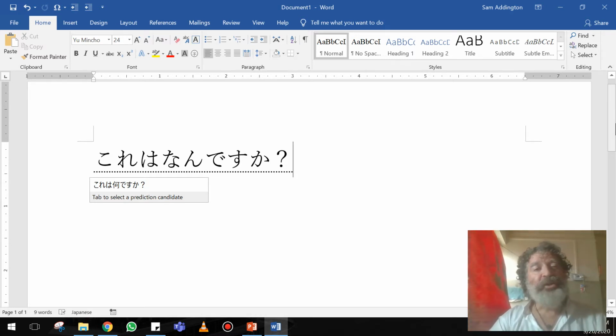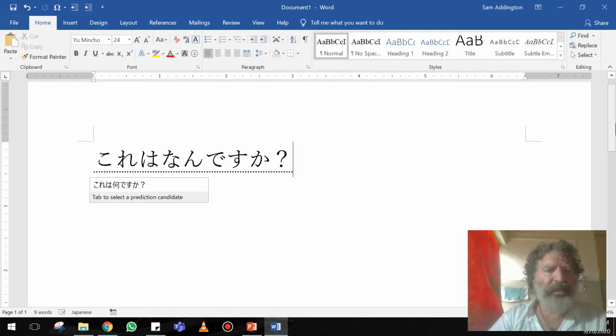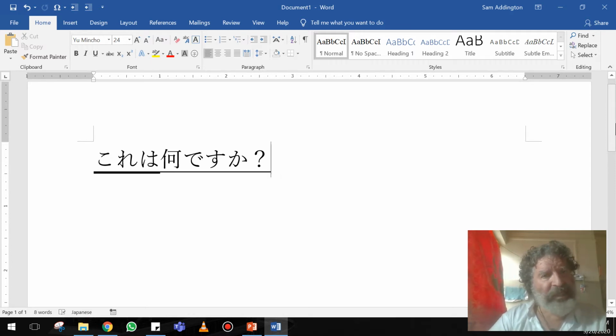I can choose to put in a kanji. これは何ですか? I think traditionally, before the word processor, people probably wouldn't put the kanji in there. So I'm going to choose not to put the kanji in there today. The kanji does help to break up the sentence a little bit. これは, you can see the これは, and then the 何ですか?